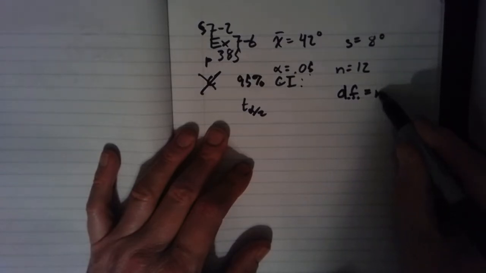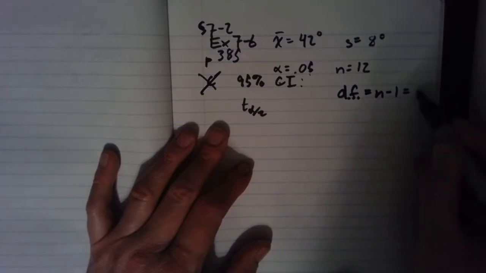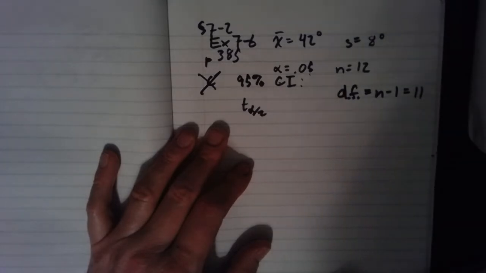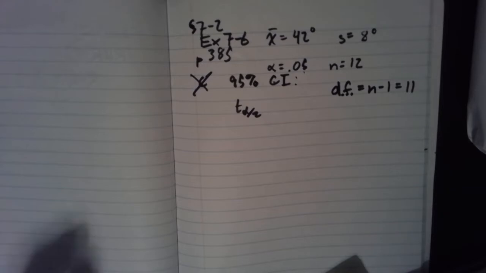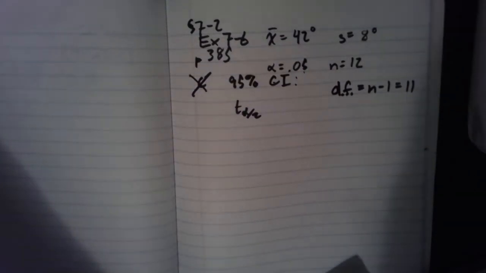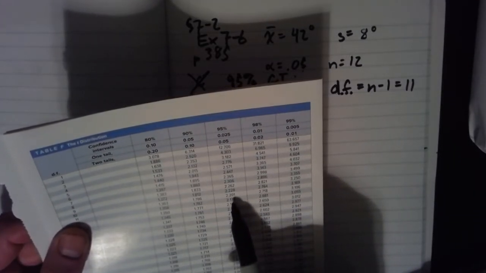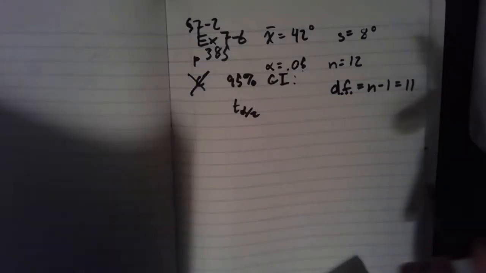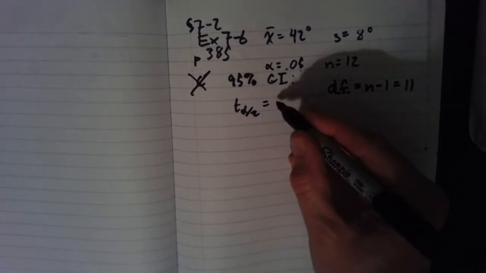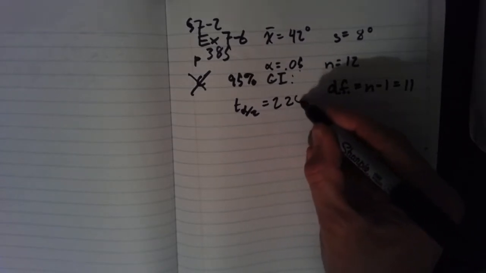To get the degrees of freedom, that's just going to be n minus 1, but it might be a good idea to plainly write that down so we don't have any reason to mess that one up. Okay, so I'm quickly just going to look this up. And we have 11 degrees of freedom. We want 95% confidence interval, so we are looking at 2.201 as our critical t subscript alpha value.